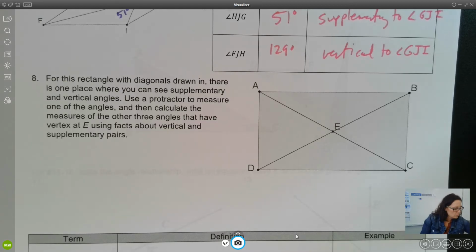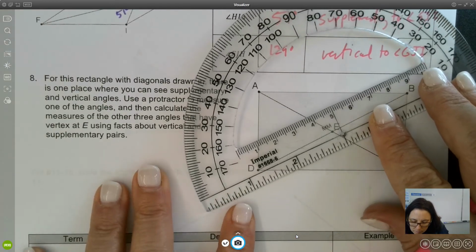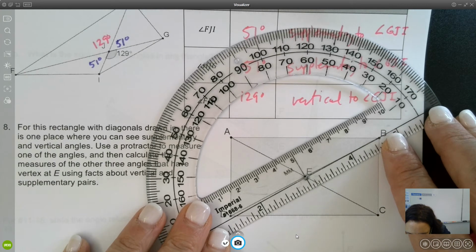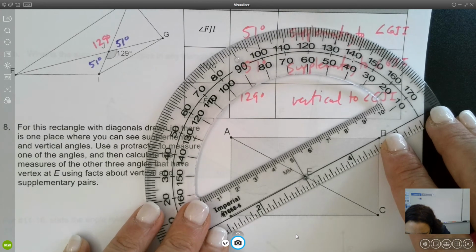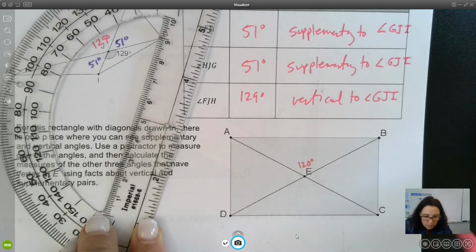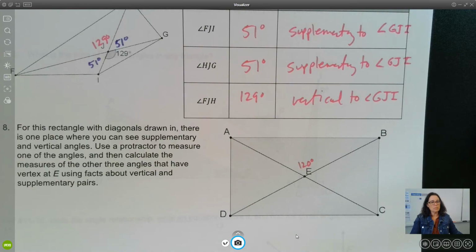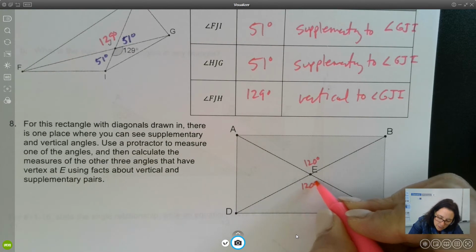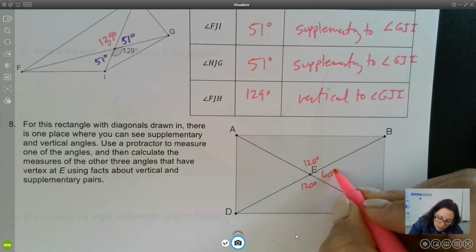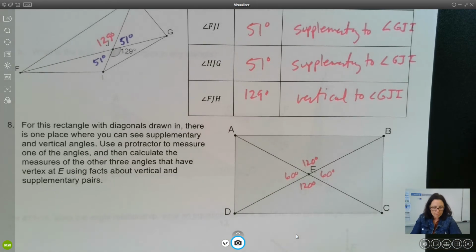If I measure one of these angles, I'm getting 120 degrees right here. Now I'm going to use the mathematical facts. This would be 120 degrees. This would be 60 degrees, and so would this.